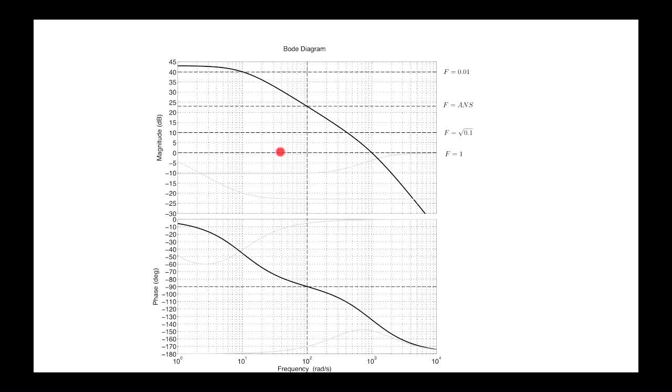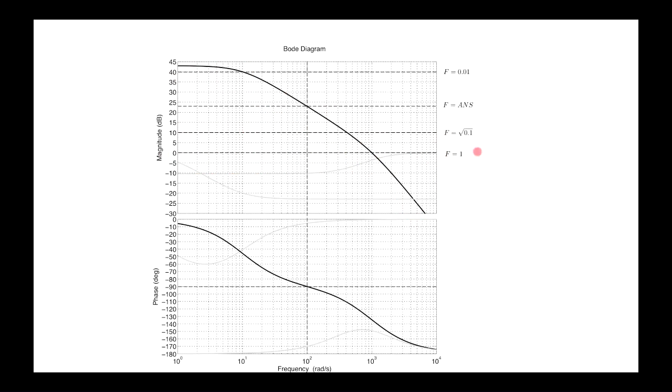So these lines are like, here's when F is 1. When F is the square root of 0.1, F is down here, at minus 10 dB. So when I add that to A it would move down, but that's like saying the 0 dB line has moved up to here. Okay, so that's all that's happening here.